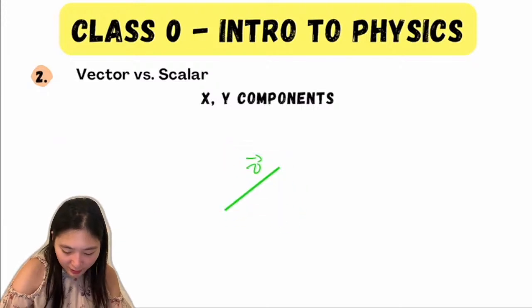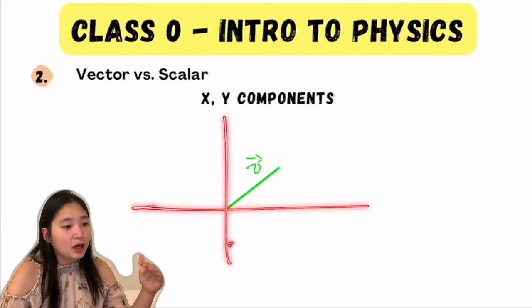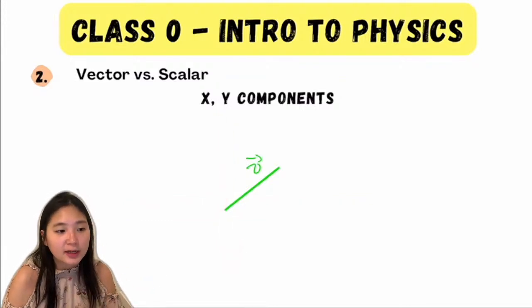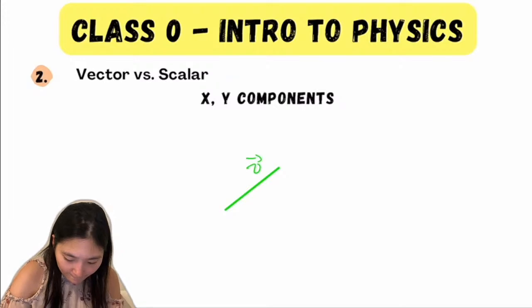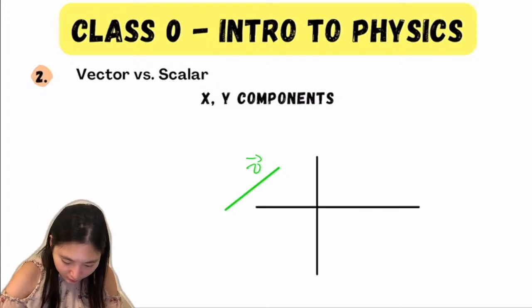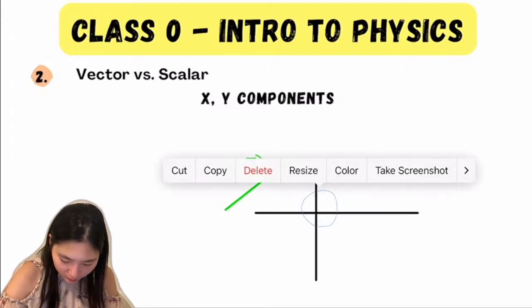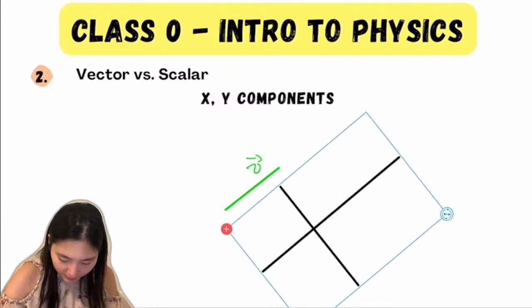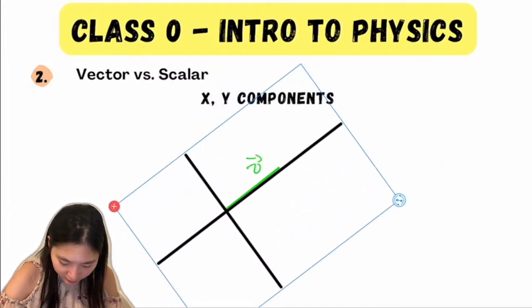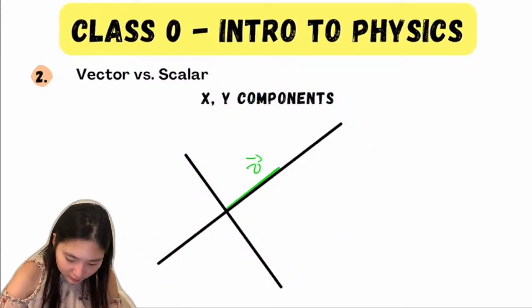But now instead of the regular xy plane, which points horizontally and vertically, now I have a slightly different xy plane. So this time, my xy plane points in this direction. Okay, this is x and this is y.